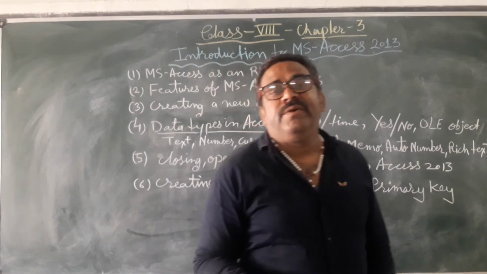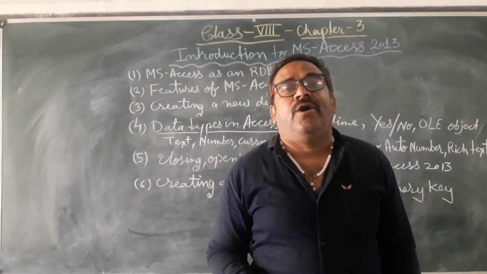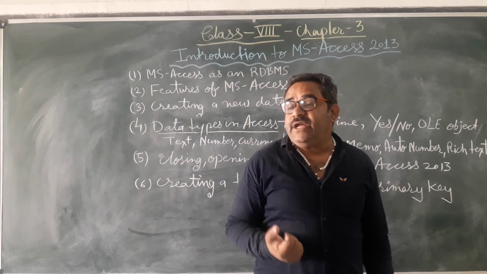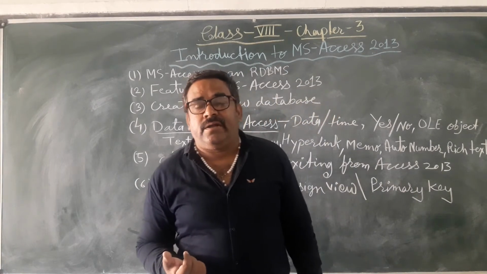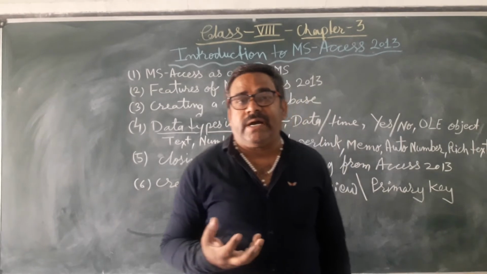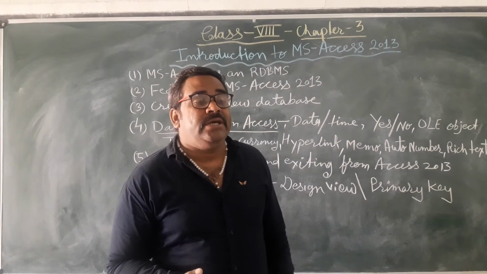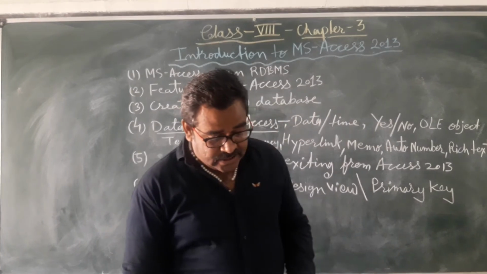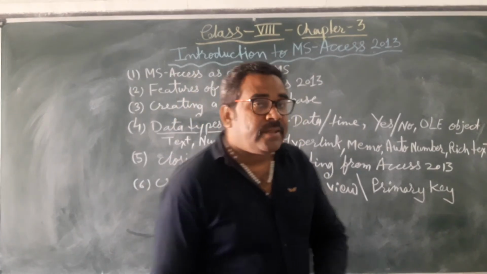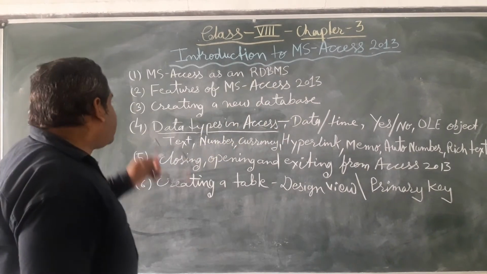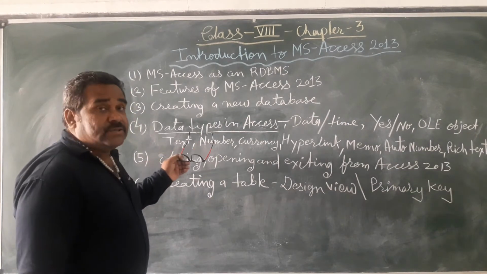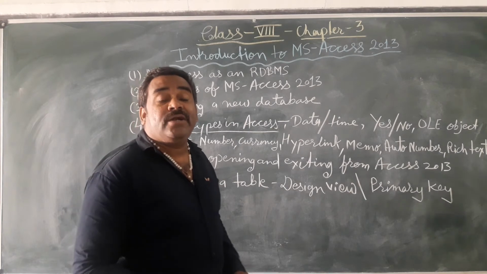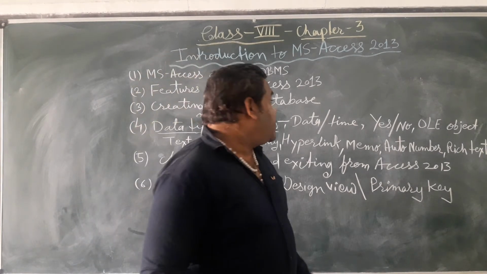First of all, we need data or a database, fields in which we can create information, and at least some information to fill those particular fields. Now, data types: in MS Access, there are many data types given.